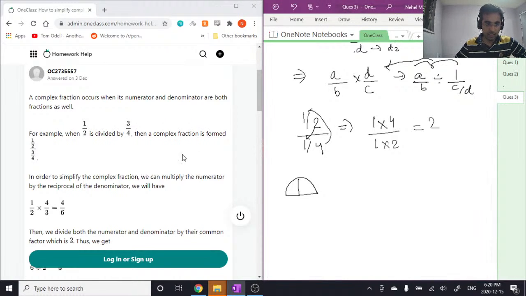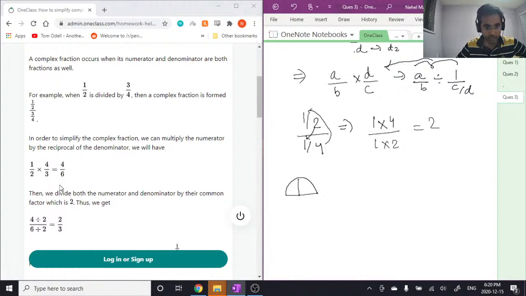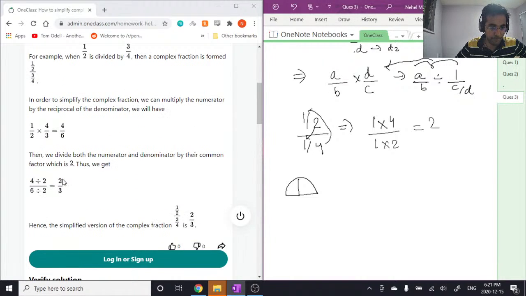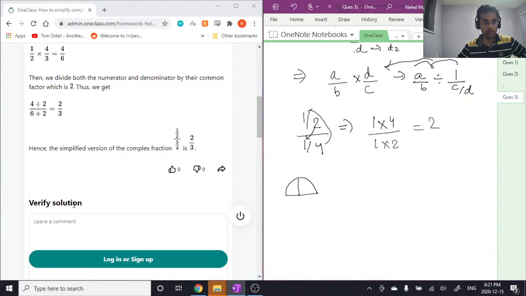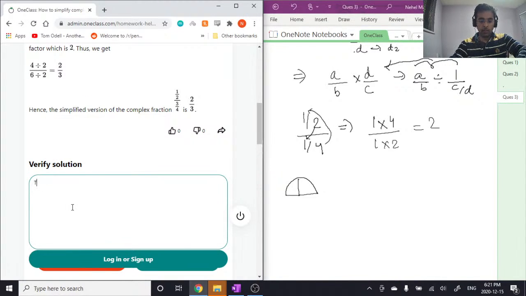So that's correct. Similarly, what they have done is 1 over 2 over 3 over 4 is the same as 4 over 3 multiplied by 1 over 2, which is correct. The answer is correct.